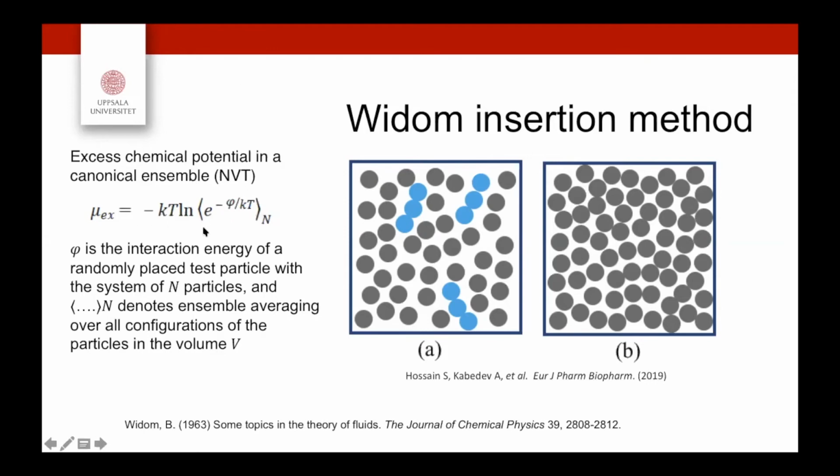And here, this is the chemical potential, and it's proportional to the ensemble average of this exponential factor with the interaction energy of this randomly placed molecule that we try to insert in different places.